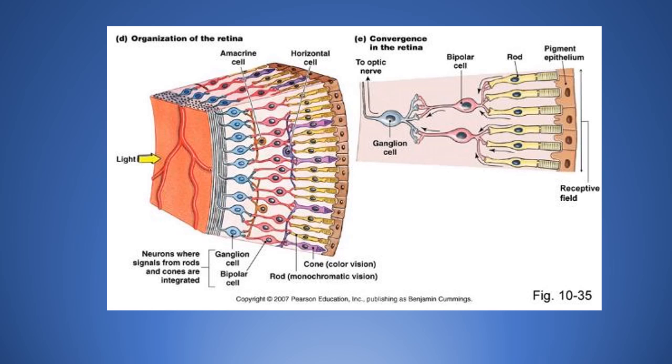Okay, so each ganglion cell, then, the receptive field of that ganglion cell is composed of the area where each of the rods and cones are that are sensitive to light and that feed into that particular ganglion cell.